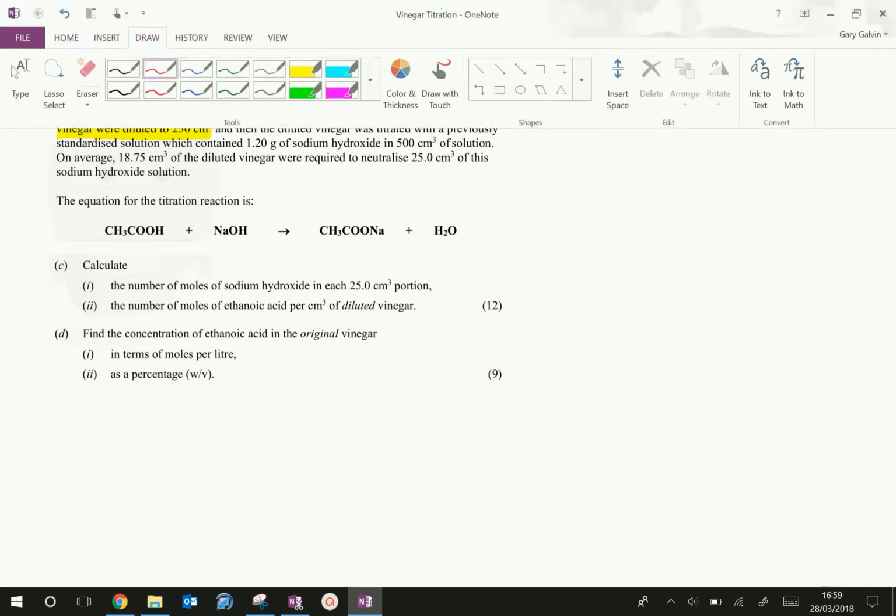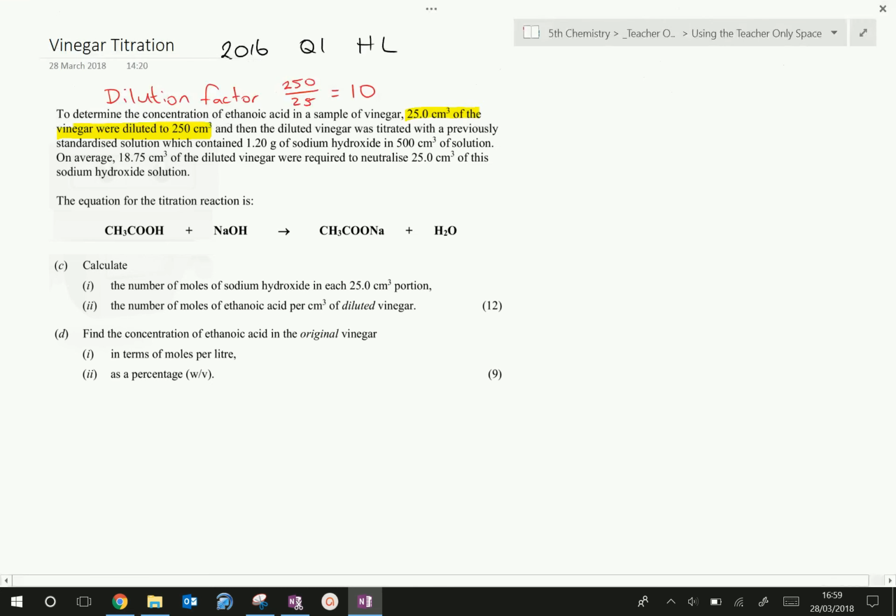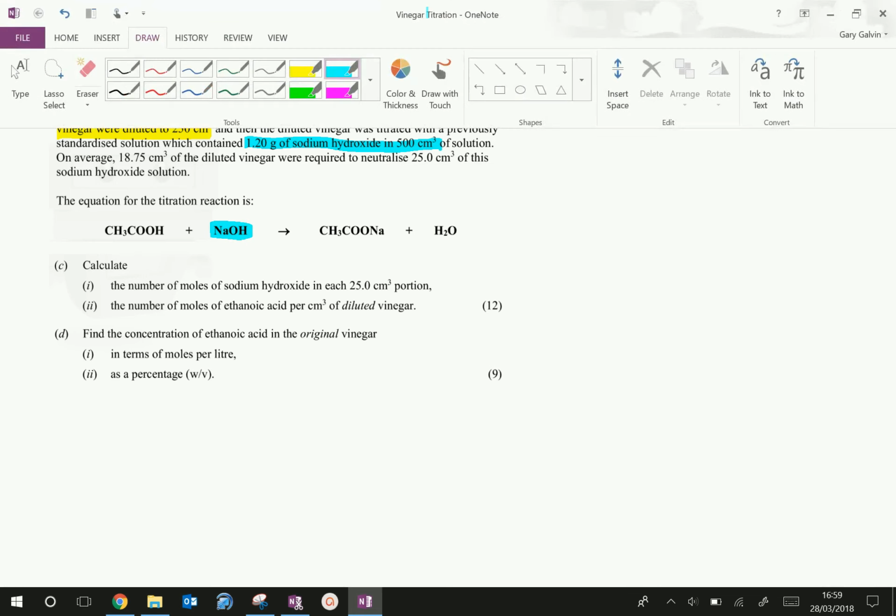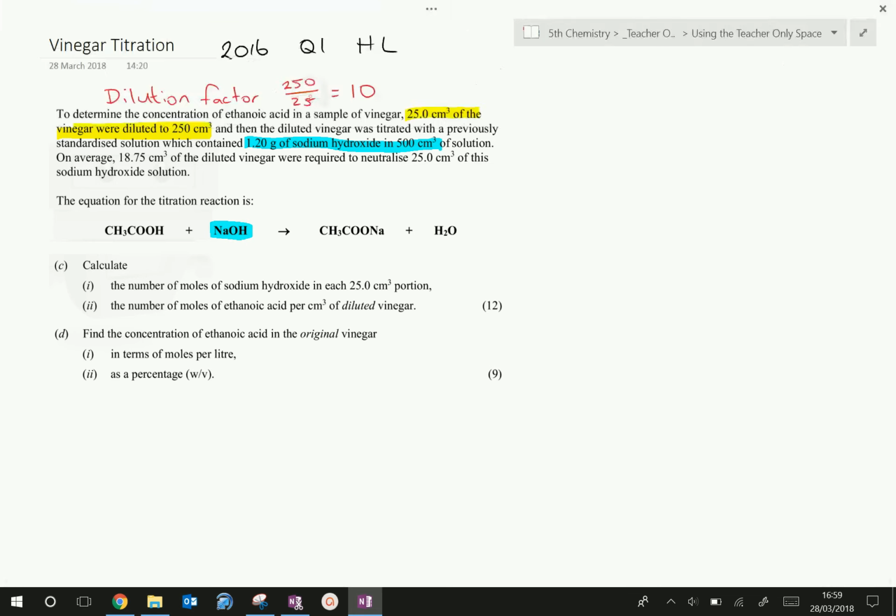Moving on from there, the diluted vinegar was titrated with a previously standardized solution, which contained 1.20 grams of sodium hydroxide in 500 ml. So that belongs to the sodium hydroxide in the equation. Now back to our diluted vinegar.